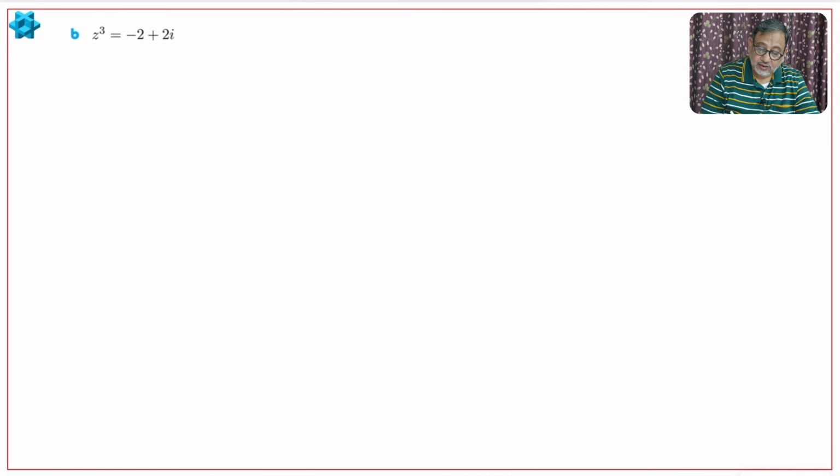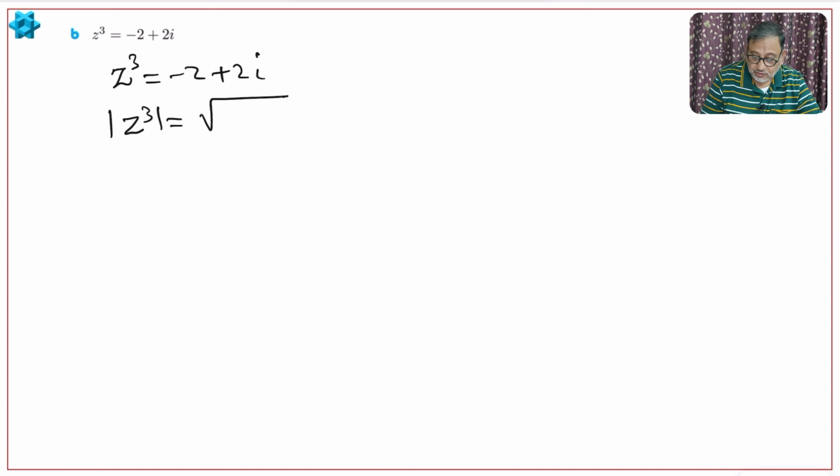Okay. So z cubed is minus 2 plus 2i. Let me write it in modulus and argument form. The modulus of z cubed will be the square root of 4 plus 4, which is 8, which will be 2 root 2, right?